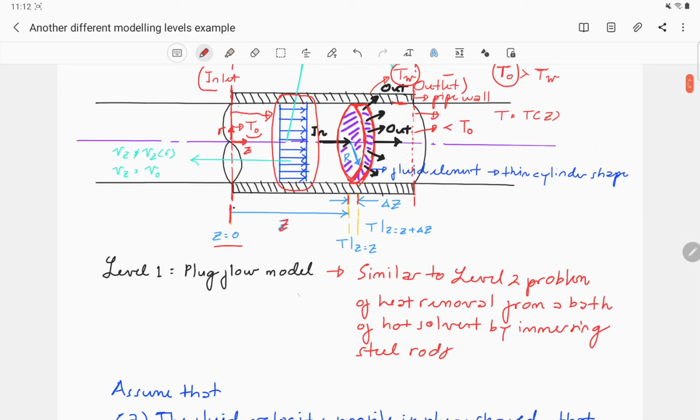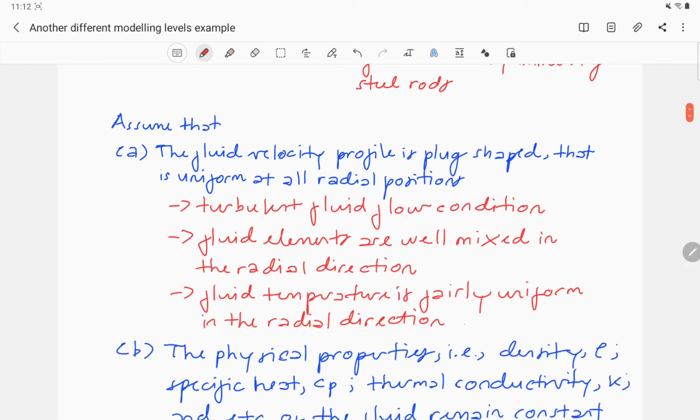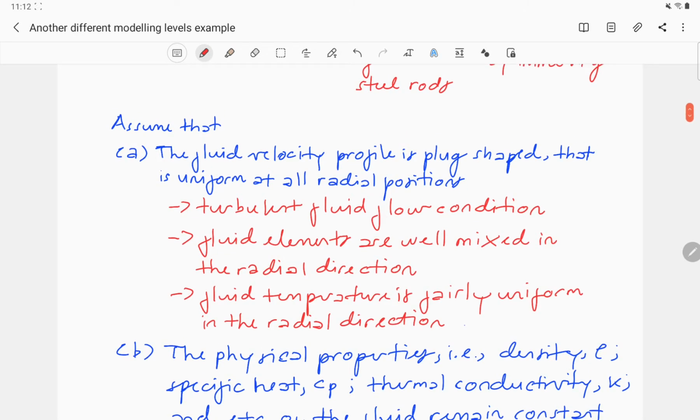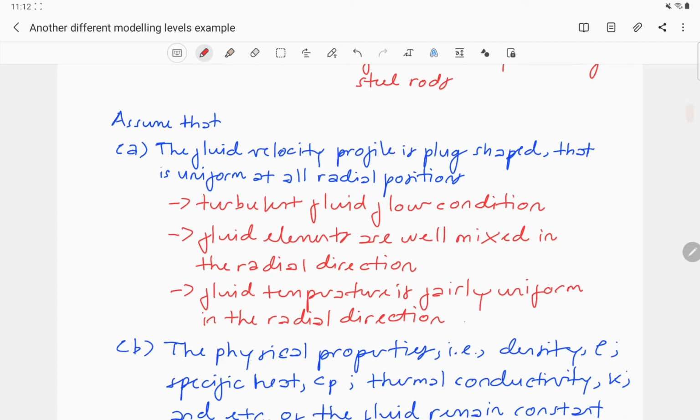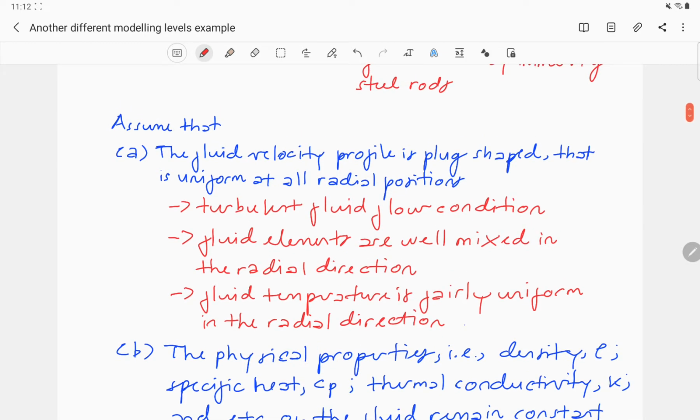This assumption means that the velocity of the fluid is quite high. It assumes a turbulent flow condition where the fluid elements are well mixed in the radial direction.